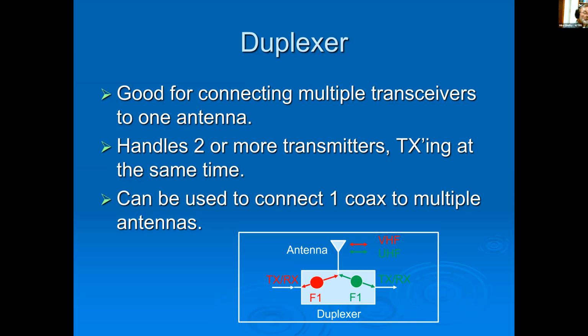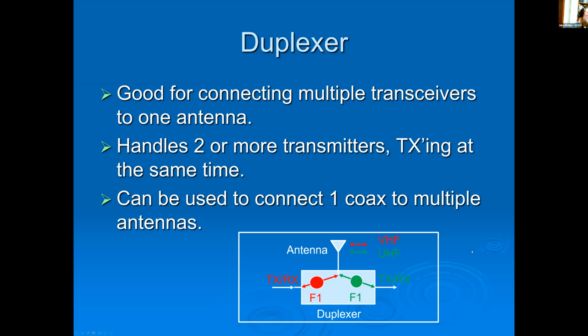That means you have to have the combination VHF, UHF. And it can be used to connect one coax to multiple antennas. So it's a bit of a Swiss Army knife as far as all the things it can do.